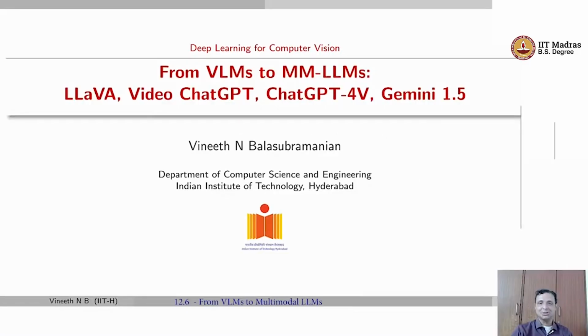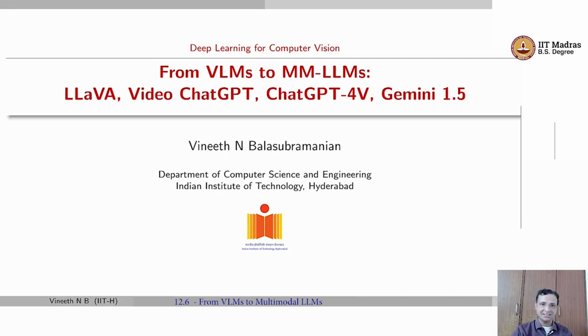For the last lecture in this module, we will go beyond vision language models to even more recent contemporary models, which are called MLLMs. Sometimes these are also called LMMs.